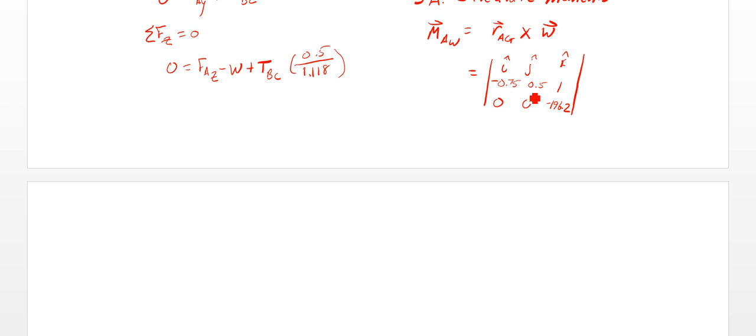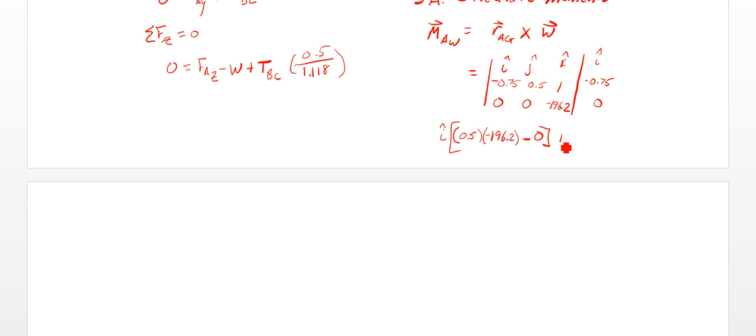So we can do our cross product here. I'll take my I out front. I'll copy my first column over again: negative 0.75, 0. So I have 0.5 times negative 196.2 minus, what do I have going the other way? 0.